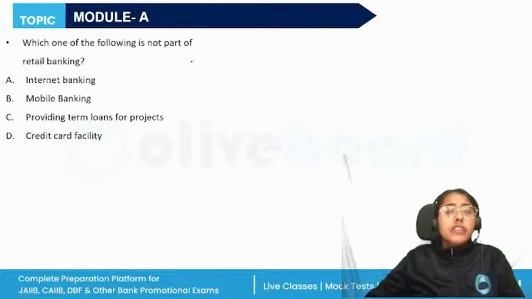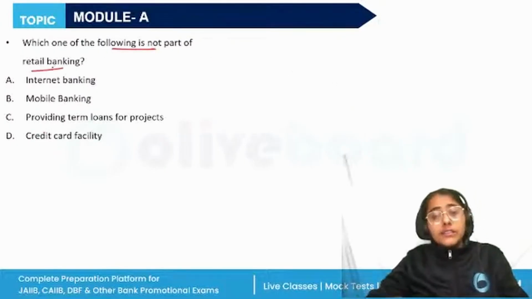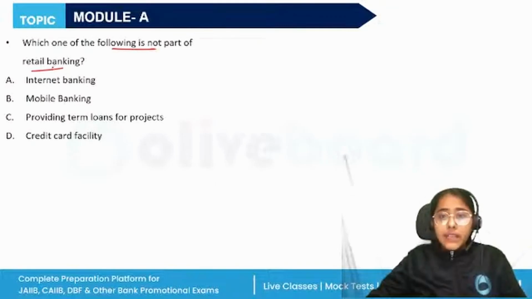Then, which of the following is not part of retail banking? Which products and services are offered by retail banking? We have already seen all the products that cater to individual customers, the mass segment: savings accounts, retail loans, remittance services, all of these on the asset and the liability side. So which of the following is not one of them?